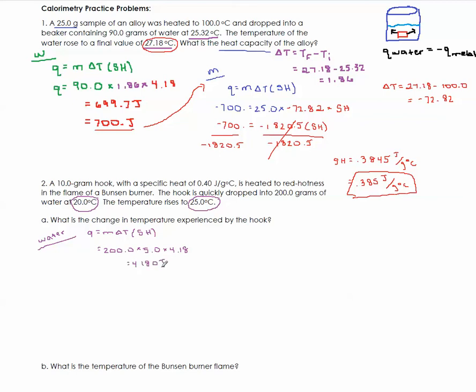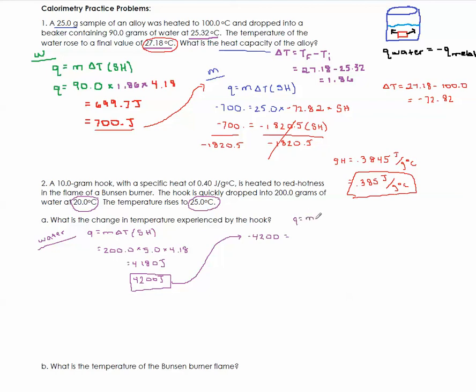Now remember, I want only 2 sig figs based on this, and therefore it's going to be 4,200 joules. Now, that is the amount of heat that the water absorbed. So that will be equal to the amount of heat that the metal released, so it's just the negative of that value. And I'm going to be using the formula, sorry, I skipped a step.